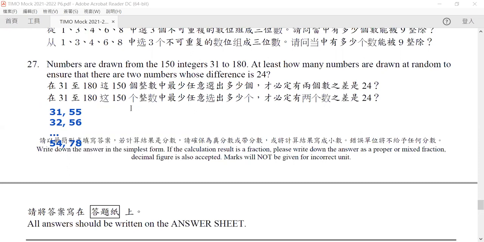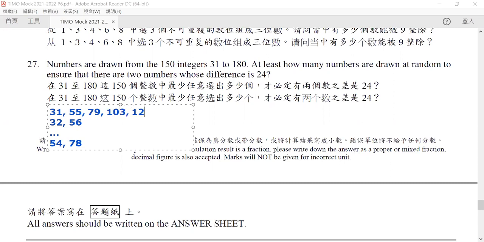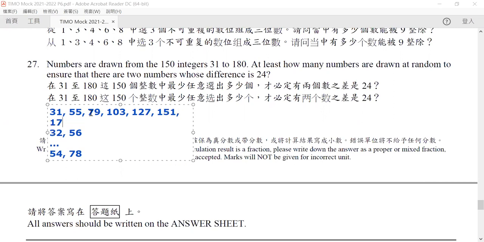Okay, but we can keep on writing it because it is 31, 55, and then the next difference is 79. Notice that all numbers within the same line differ by 24. So 79 plus 24 will be 103, and then 127, 151, and finally 175.